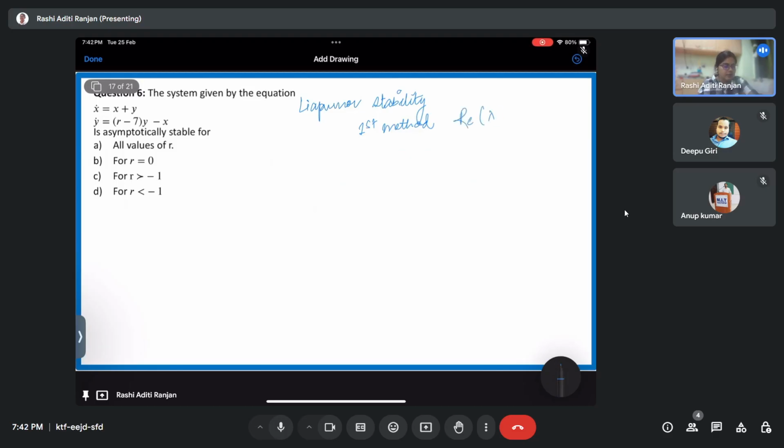All real parts of lambda negative means the system is asymptotically stable.